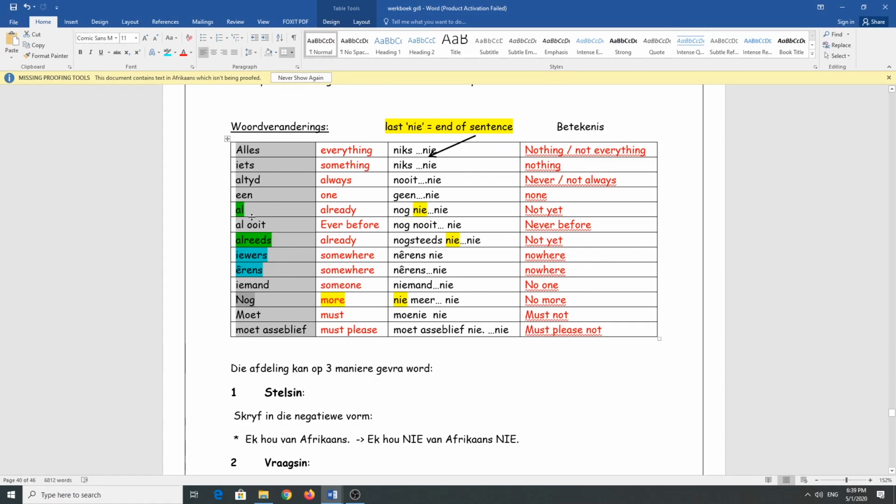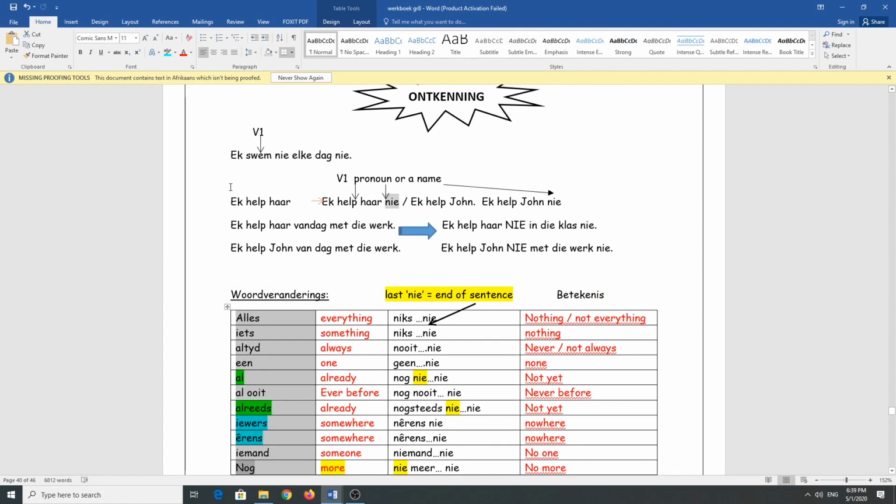The reason I did that is because these words replace the first nie that you've got here. Ek help haar nie met die werk nie.